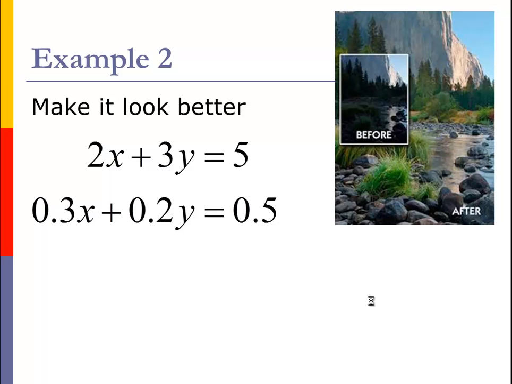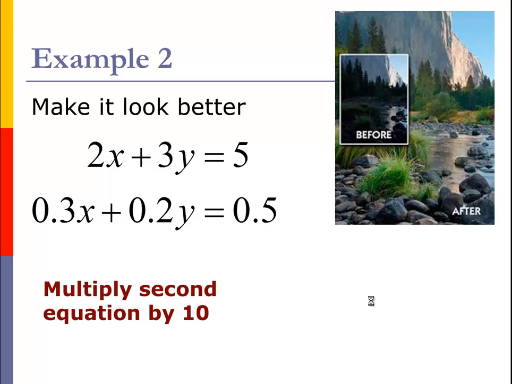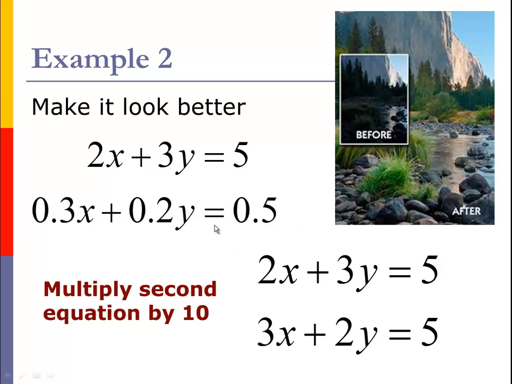One thing we can do is take that second equation and multiply it by 10. As long as we multiply each part of this equation by 10, we're allowed to do that because of the equal sign. We can leave the first equation alone. I don't have to do both equations. I can do one equation, as long as I multiply both sides of it.